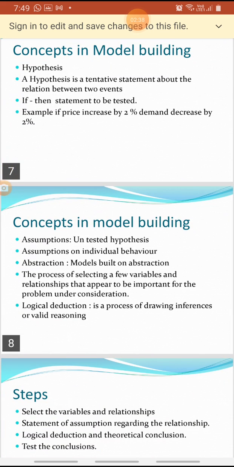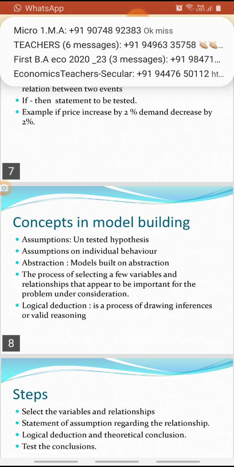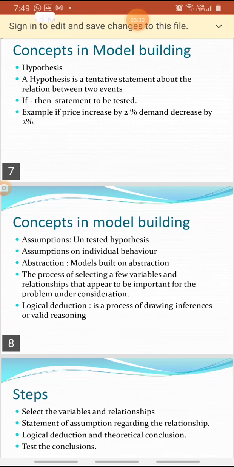The next concept is assumptions. An assumption is an untested hypothesis. A hypothesis is also an assumption, but a hypothesis we need to test, whereas an assumption is an untested hypothesis. Assumption on individual behavior. Then the third concept is abstraction. We need to abstract from the real world. Models are built on abstraction.